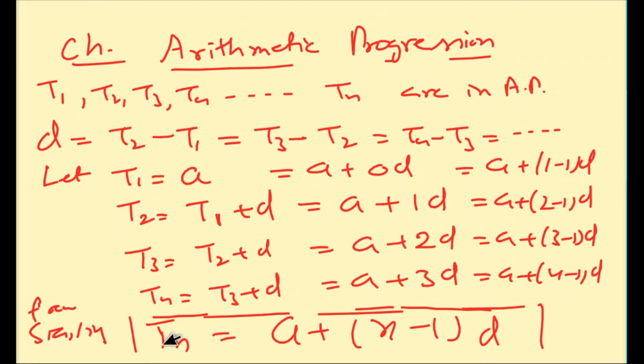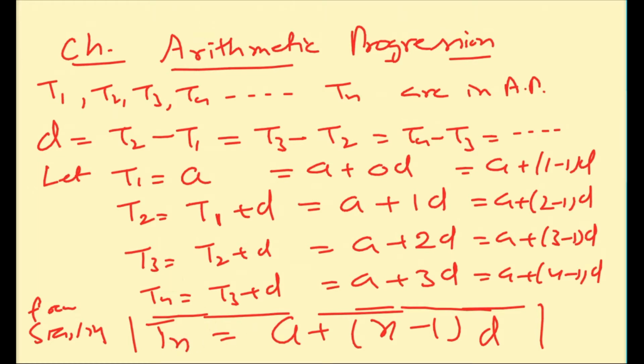In many books they write An, A1, A2, A3, An. That's no problem, you can understand An means the nth term. Here we are writing Tn, where T is the term, the value of the nth term.